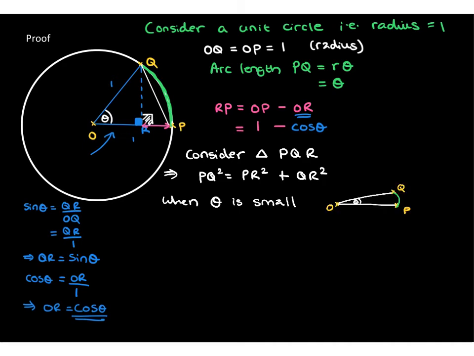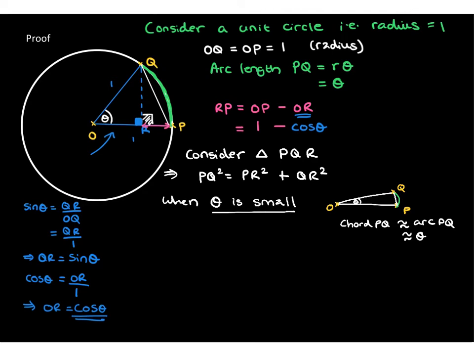So you can see here Q has moved closer and closer to P, so that's because the angle theta has become smaller and smaller. And what happens when we draw in this chord PQ, what we can say is that the chord PQ becomes approximately the same in length as the arc PQ, which means it's approximately equal to theta, only when theta gets smaller and smaller.